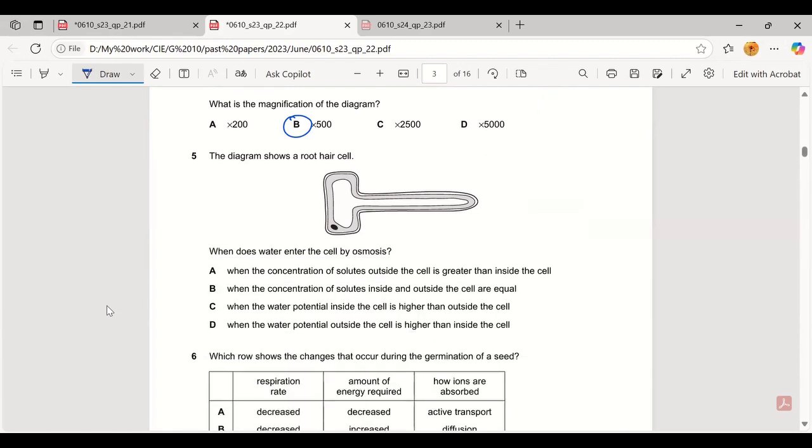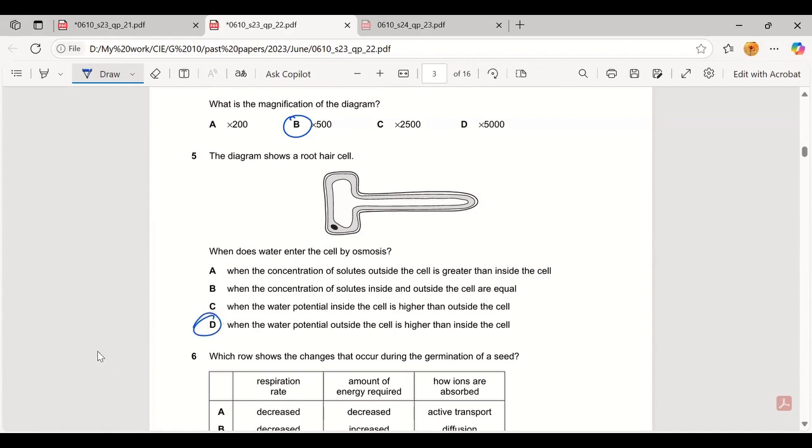The diagram shows a root hair cell. When does water enter the cell by osmosis? Hala, when? It enters the cell when the water potential outside the cell is higher than inside the cell.